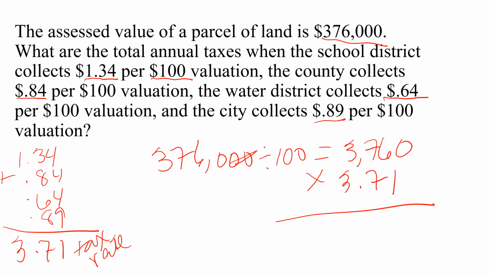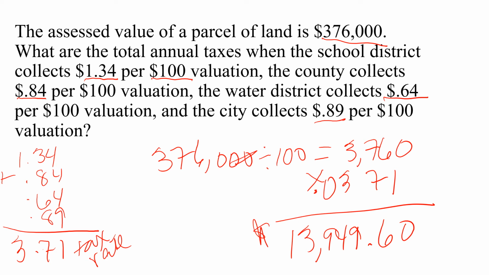And that's wrong because it's 0.0371, right? Back to my pen here. And so our total is $13,949.60 because I was not told to round. So that is the annual taxes.